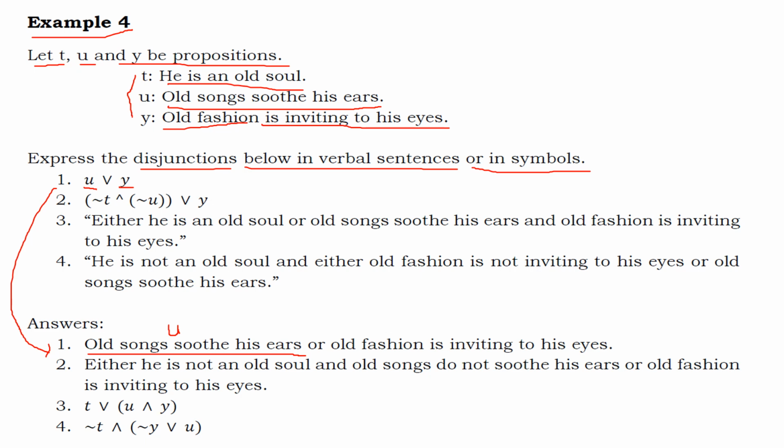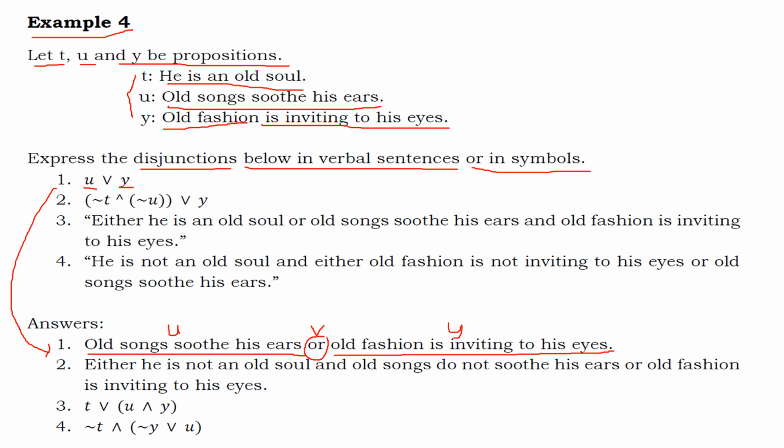Only we apply your disjunction. And for your Y, it's an original proposition. That's why we just simply copy the original proposition Y, which is old passion is inviting to his eyes. This will be your Y now. Then your or here will represent your disjunction. We simply use or to represent your disjunction.